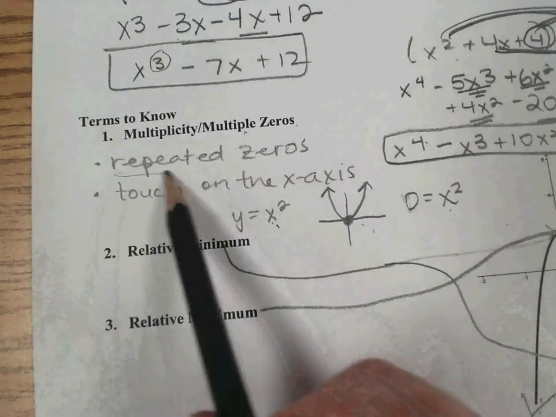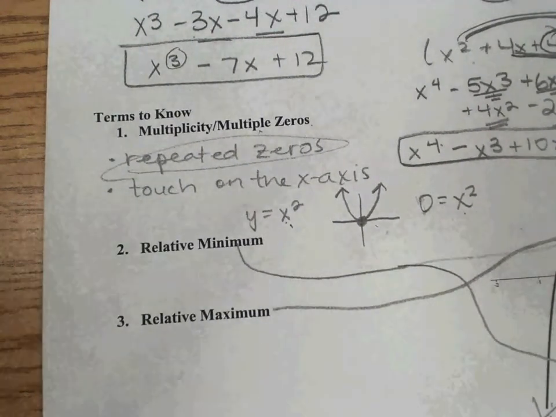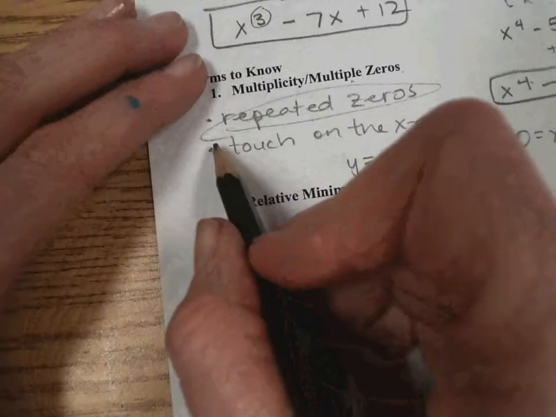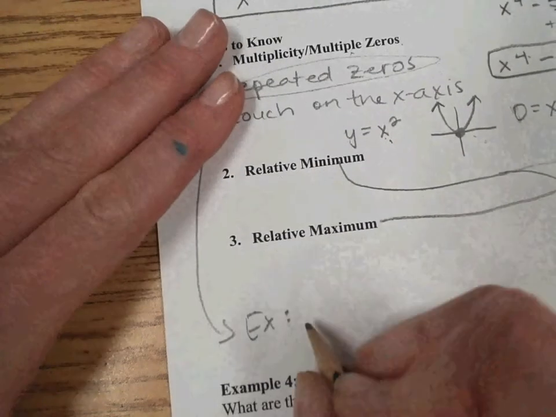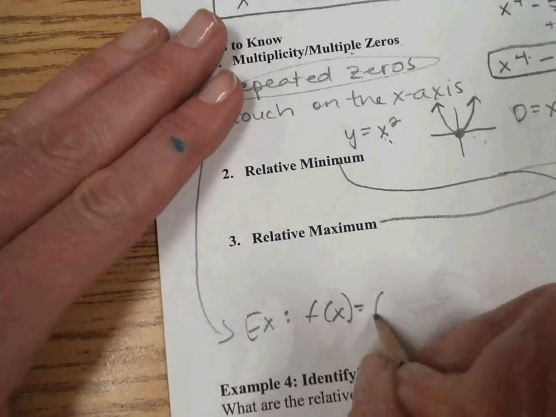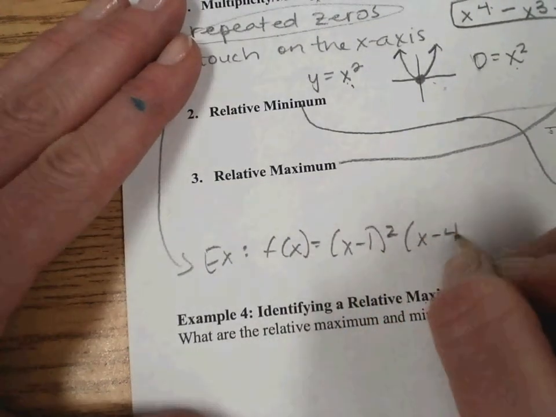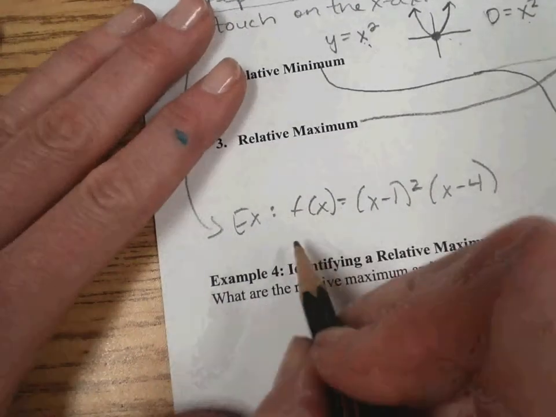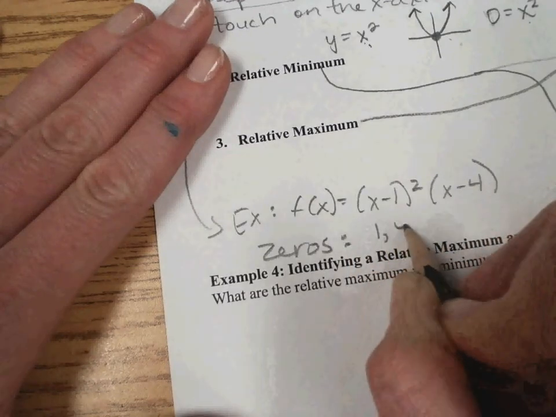Then we talked about multiplicity, which is just indicating when we have a repeated 0. So on your homework, you'll have a question that might say something like, let's do another example here. If f of x equals (x minus 1) squared times (x minus 4), you have 2 zeros.